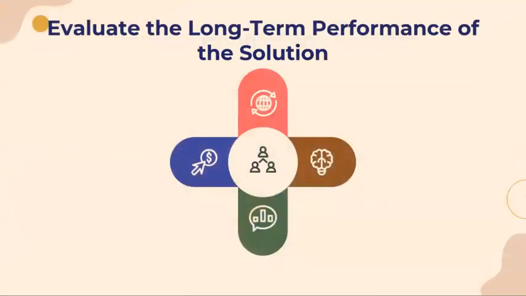The next thing to consider is to evaluate the long-term performance of the solution. Of course, evaluating long-term performance is part of assessing the business benefits realized by implementing the solution. Long-term performance is a broad concept and applies to the execution or accomplishment of work in any form by people or systems or both.